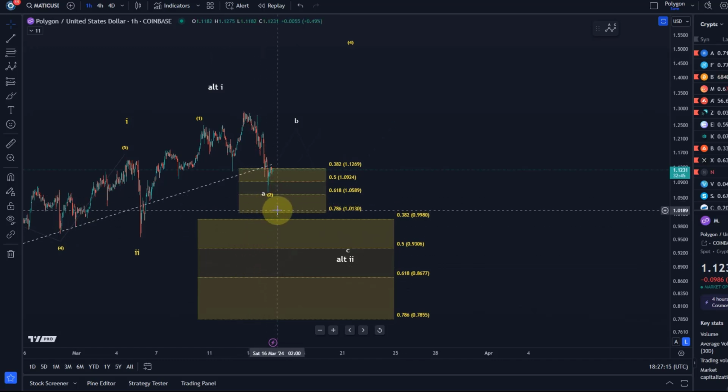So that should be quite straightforward. I mean, MATIC has plenty of space still in its support regions. And because we have broken micro support, we could assume it's going lower until a first impulse forms. But we're now actually already in the upper support region. So it's quite simple. As long as the upper support area is holding, yellow could play out.